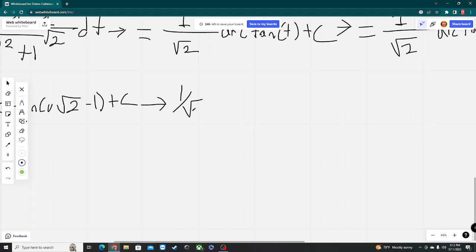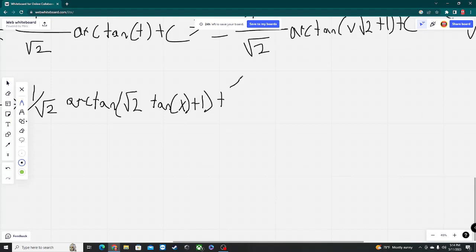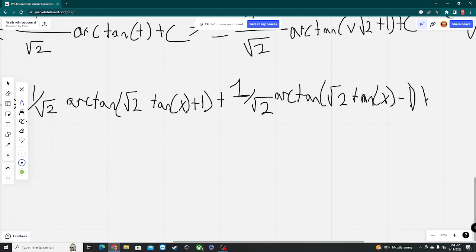So, 1 over square root 2 arctan, and we subbed it out for square root 2 tan x plus 1, plus our 1 over square root 2 arctan, and then just where we subbed out u for again, tan x, this time minus 1, and plus c.